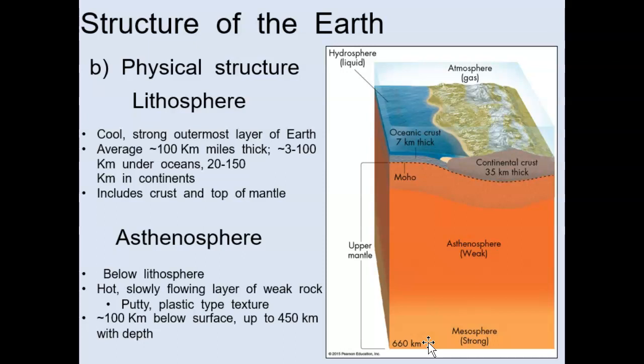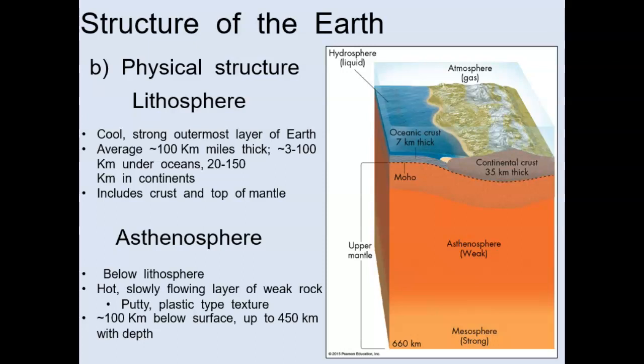And it goes down to 450 miles below the surface, which makes it about 300 to 400 miles thick, basically. Above the asthenosphere sits the lithosphere, which is the topmost layer of the physical properties subdivision. The lithosphere itself is going to be colder and hence more rigid than the asthenosphere.